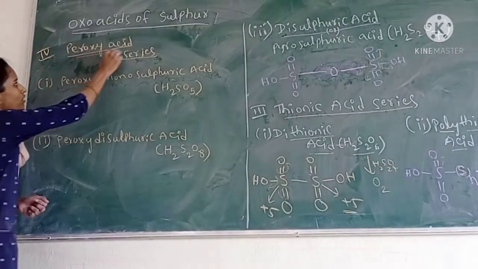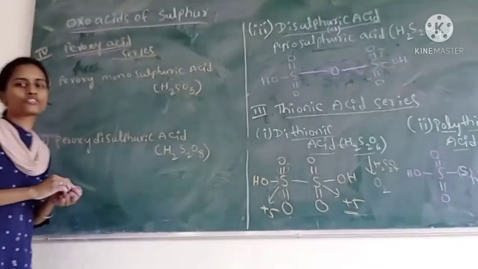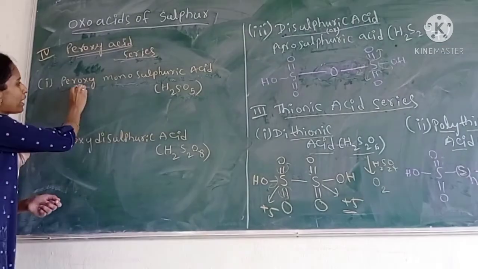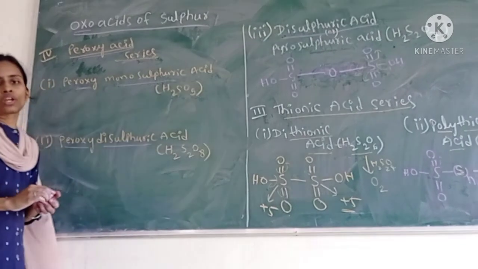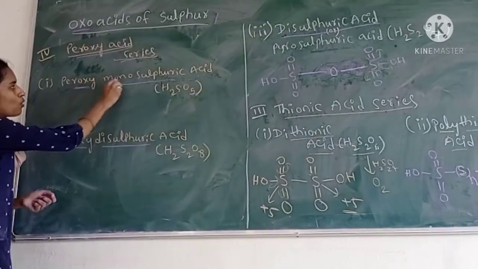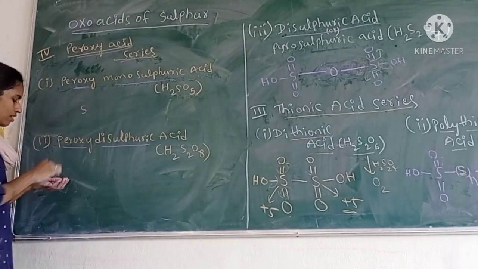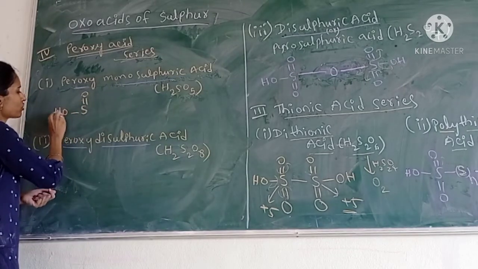Next is the peroxy acid series. The peroxy acid series is the last series, and here we have only two acids, peroxymonosulfuric acid and peroxydisulfuric acid. Peroxymonosulfuric acid, how to write the structure? Just put S double bond O and OH.